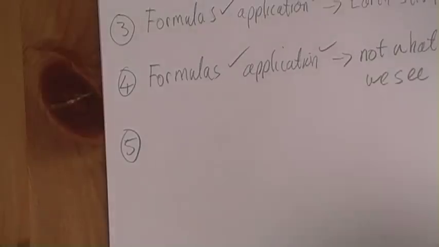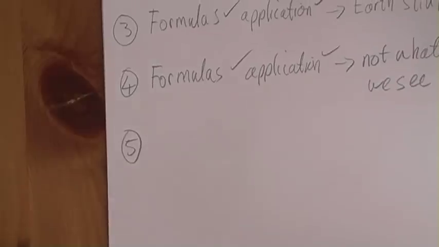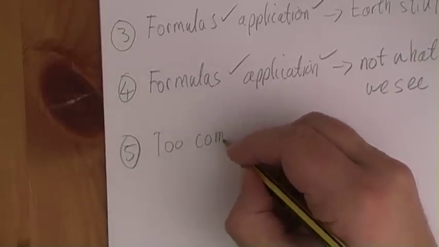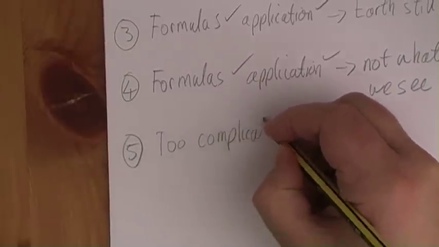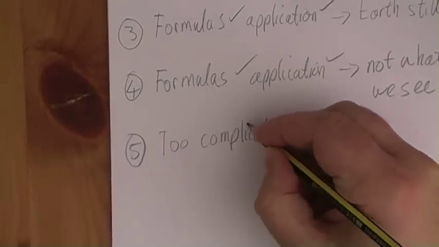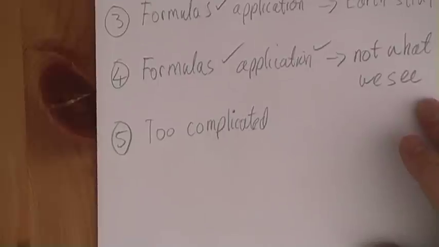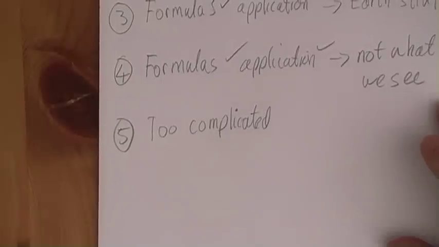Objection 5: to use one of the flat earthers' favourite words, I'm obfuscating. I'm bamboozling you with complicated mathematics, and I've buried some false step underneath a pile of difficult mathematics.